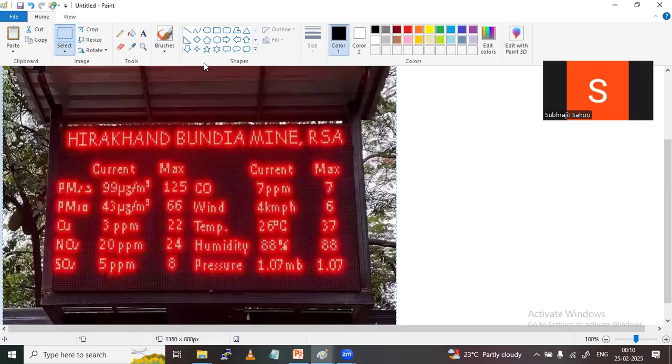If you have gone to a railway platform or any bus stand, nowadays they attach these kinds of boards showing the temperature. It is useful in any public place, and in a big mall also. In our mobile also, every time we are able to see the temperature at that particular time.